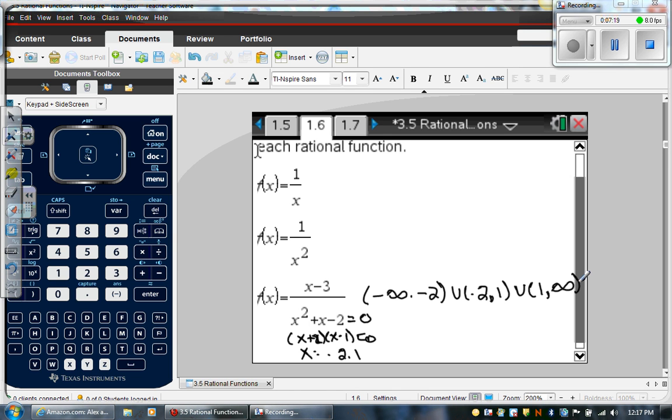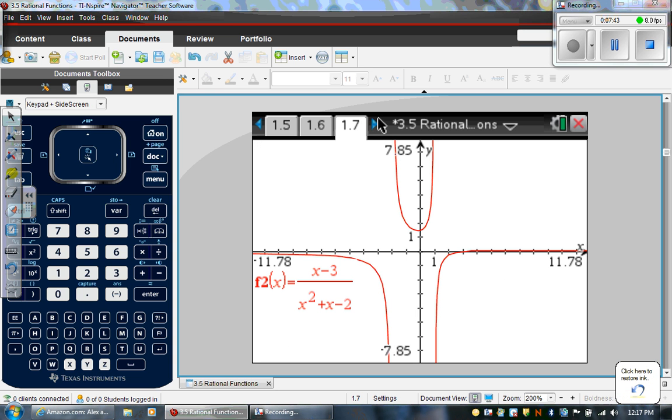Again, we're excluding the values of negative 2 and 1. Okay, so that's how we find the domain of these rational functions.